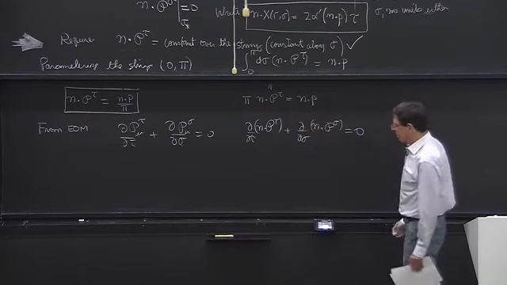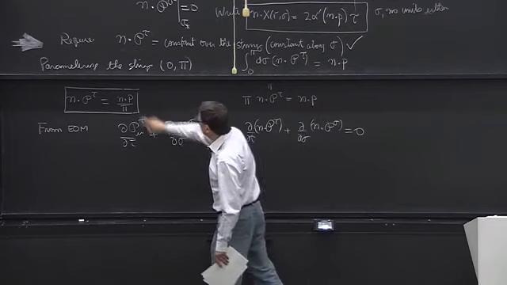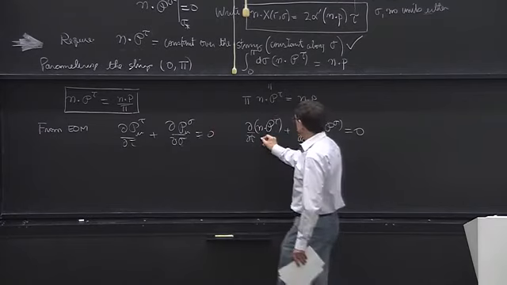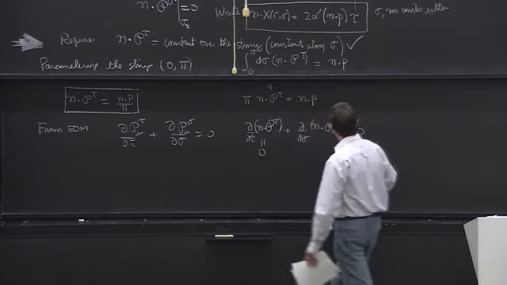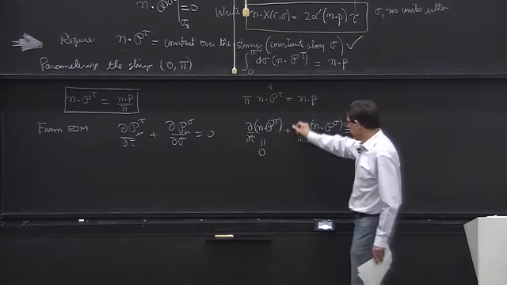Now, n dot p tau is just a number. So it doesn't depend on tau or anything. This is an absolute constant. This is a worldsheet constant. So this is 0. And therefore, n dot p sigma, its sigma derivative is 0.